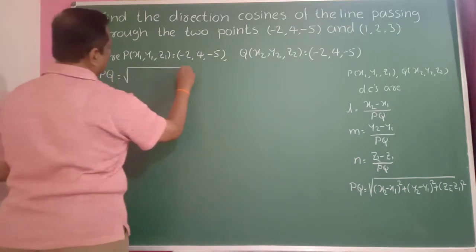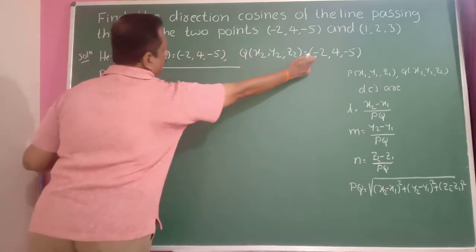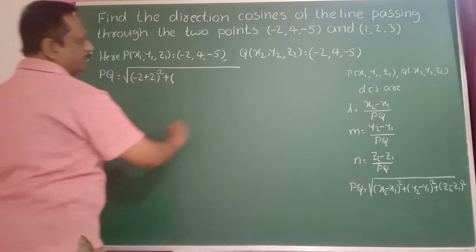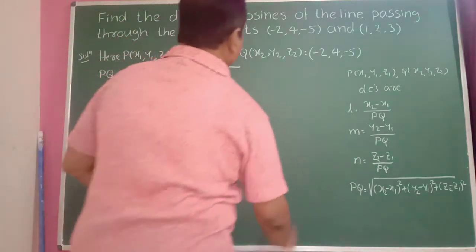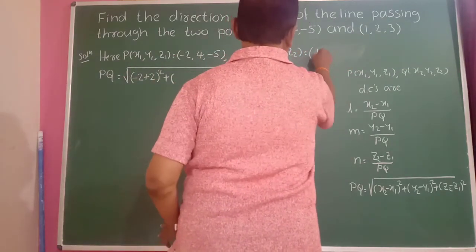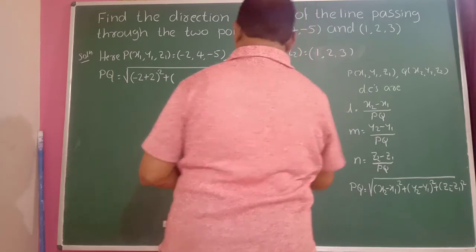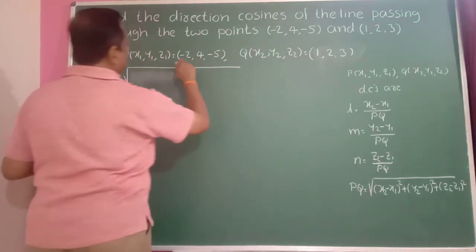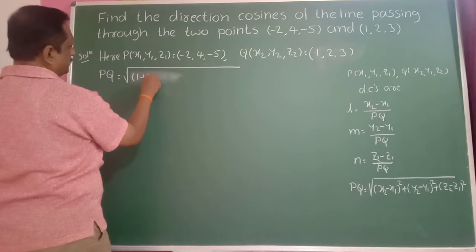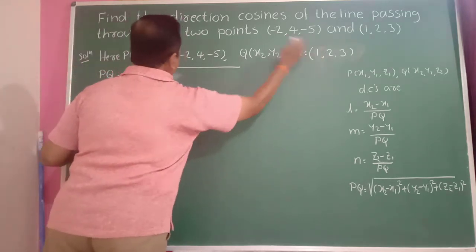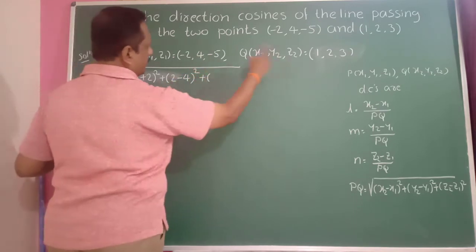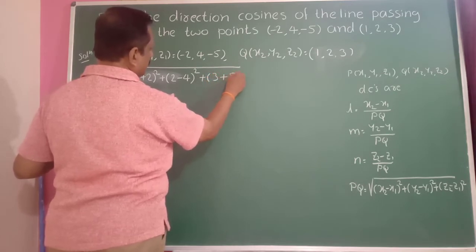PQ is equal to root of (x2 minus x1) whole square, 1 minus of minus 2 becomes plus 2, so (1 plus 2) square here, then plus 2 minus 4 whole square, then plus 3 plus 5 whole square.